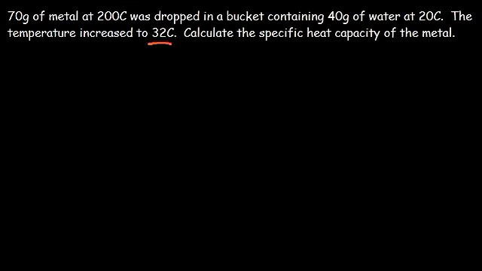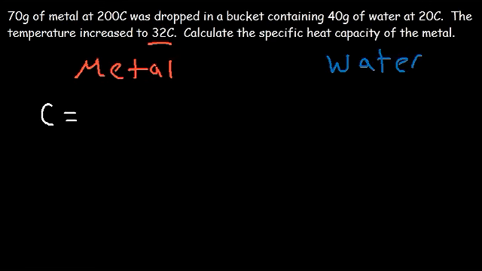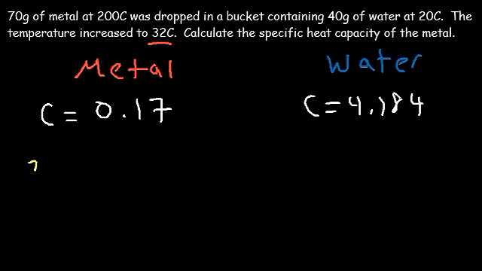Let's compare the two. So on the left side, we have the metal, and on the right side, water. So the heat capacity of the metal, we calculated to be about 0.17. For water, it's 4.184. Now, the temperature for the metal went from 200 to 32. That's a large temperature change.